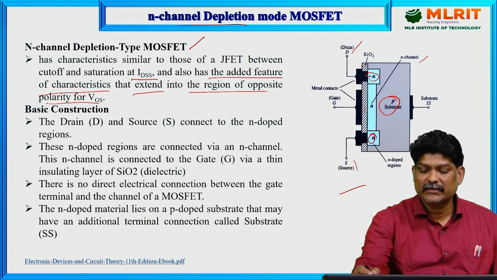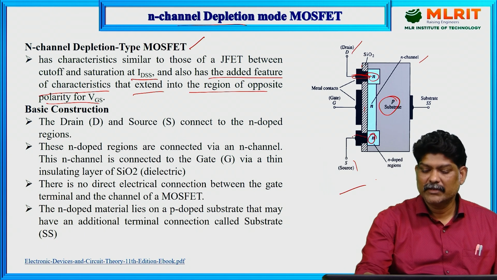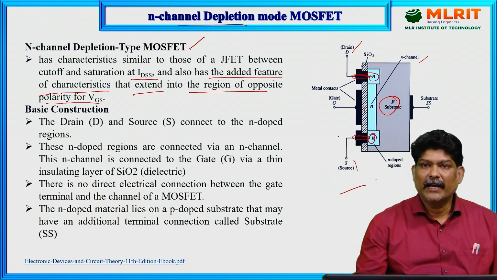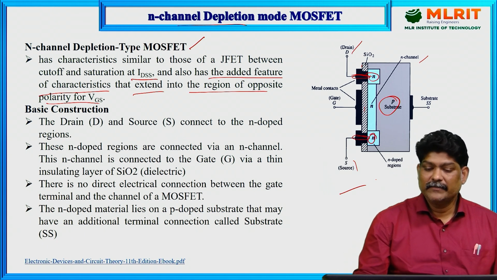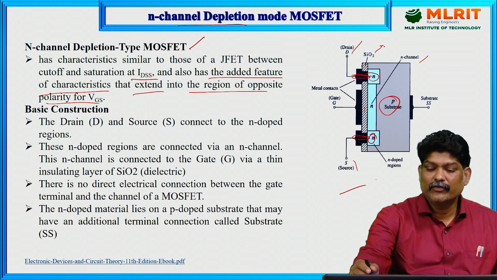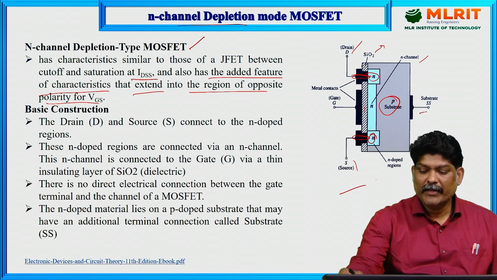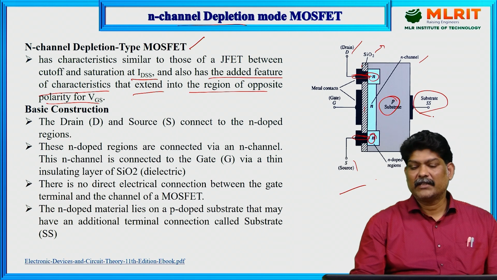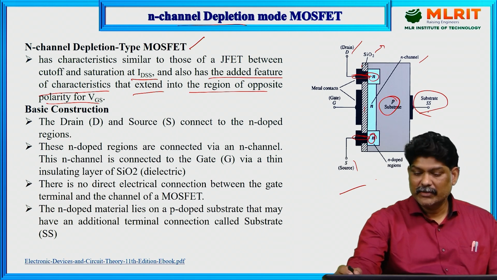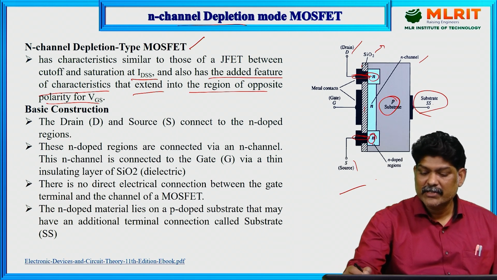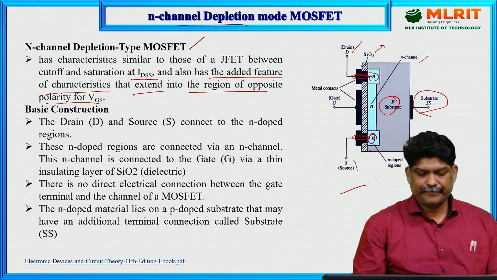Through some holes, the drain and source terminals are generated, and between them we have the SiO2 layer, which acts like an insulator. The body substrate is another terminal, and this terminal and the source terminal are internally connected.